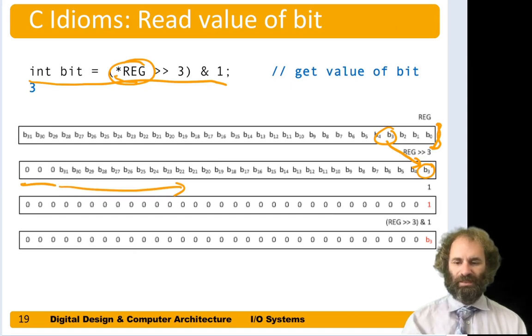Then if we AND that with the number 1, a 1 is a 1 in the least significant bit and zeros everywhere else. So B3 AND 1 gives us B3. All the other bits are 0. So it leaves us with a 32-bit number that's either 0 or 1, corresponding to the 3rd bit of the register.